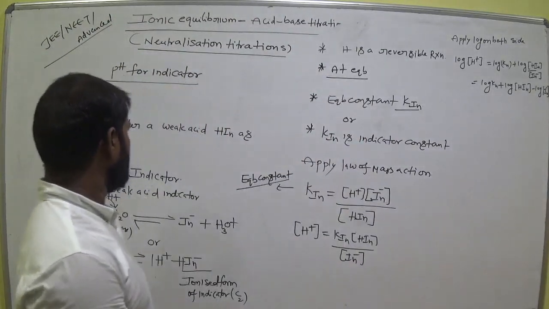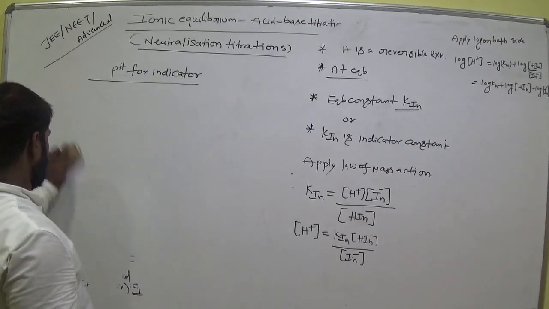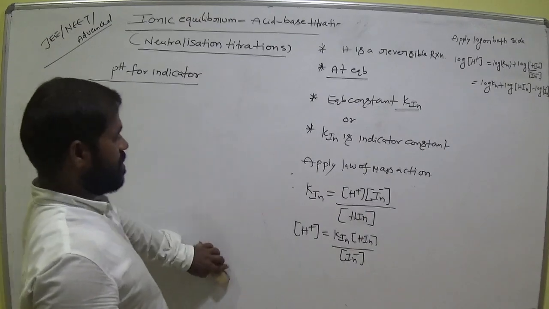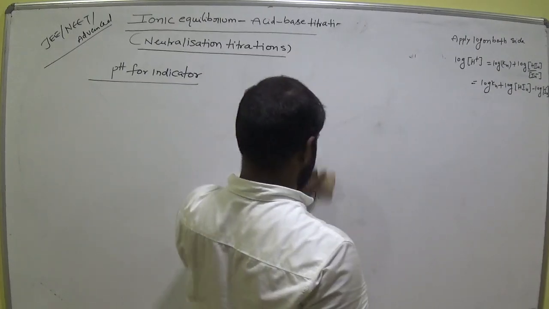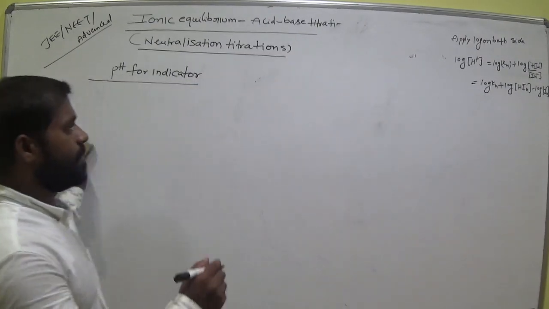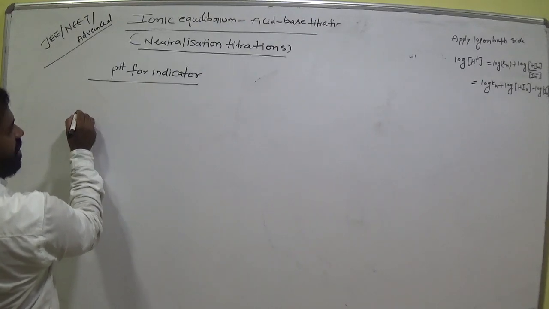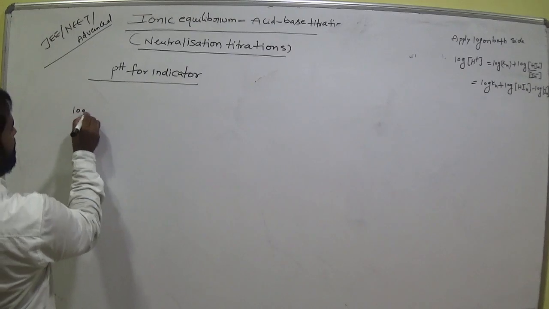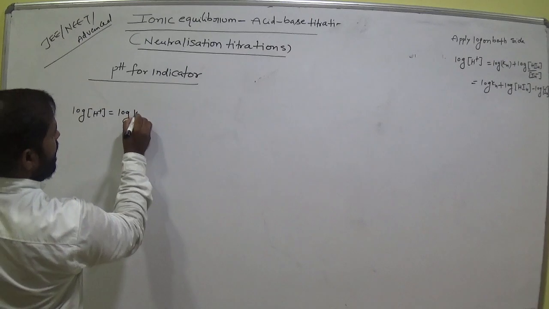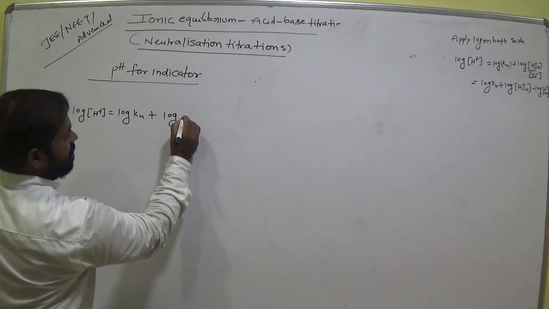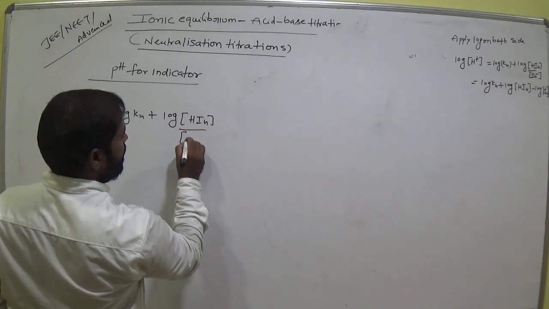So write up to here. We have the expression, apply log, after log the expression is log H plus equals log Kin plus log HIn by In minus.